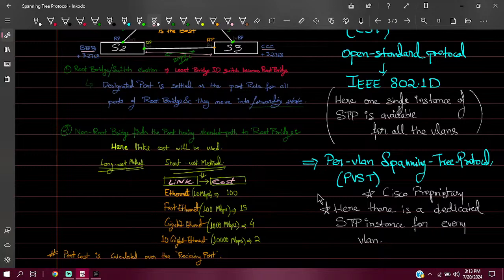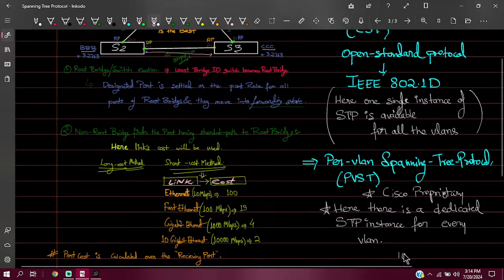So Cisco implemented Per VLAN Spanning Tree, which creates a new spanning tree instance for every VLAN created on your devices. Let's say if I have created 10 VLANs, then for 10 VLANs, I will be operating with 10 different spanning tree instances. This is why the execution of the loop avoidance mechanism in the switch topology becomes pretty easy.